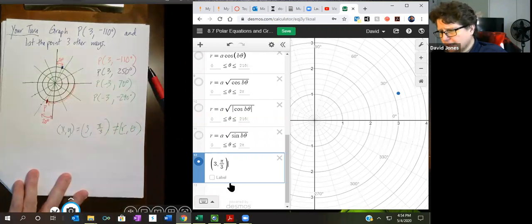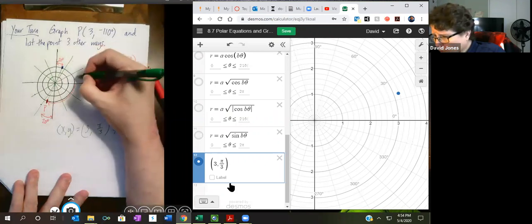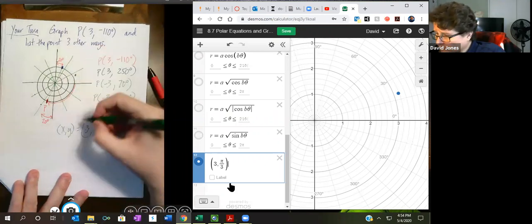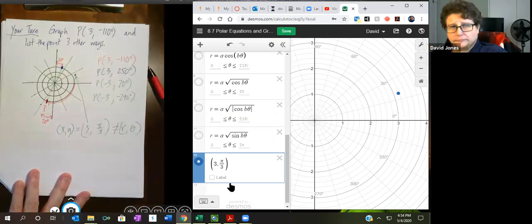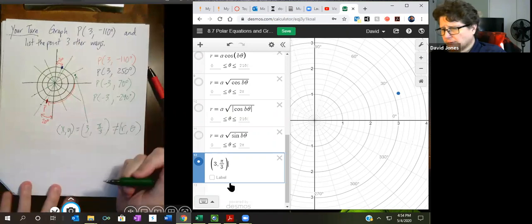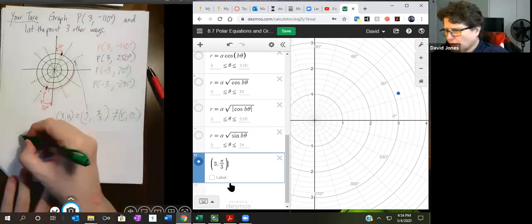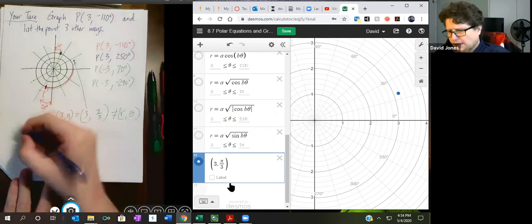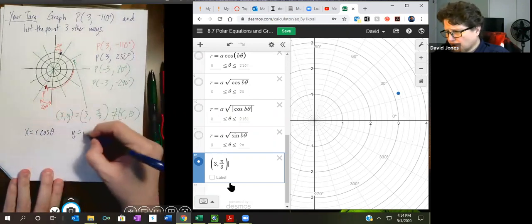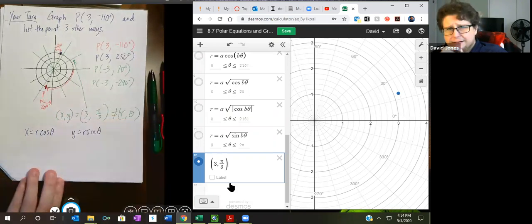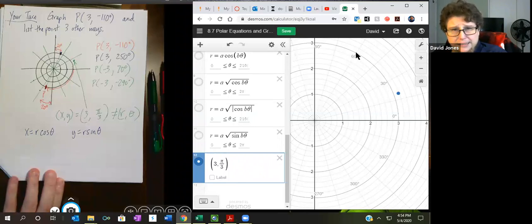But right now, it's putting (3, pi over 3) right about there. Why? Well, what are our equations for polar? We have x equals r cosine theta, y equals r sine theta. Because notice it's not even on the pi over 3, or pi over 3 would be up here. It's not even on that one. So why is it down here?